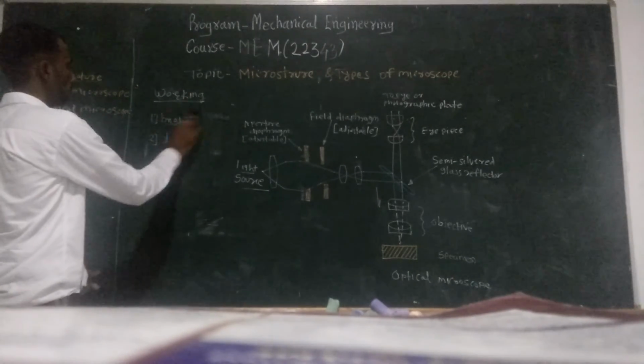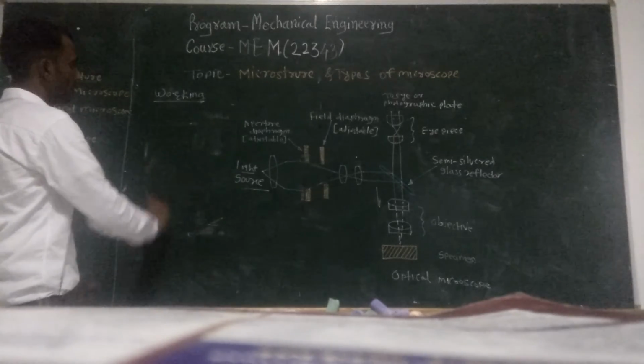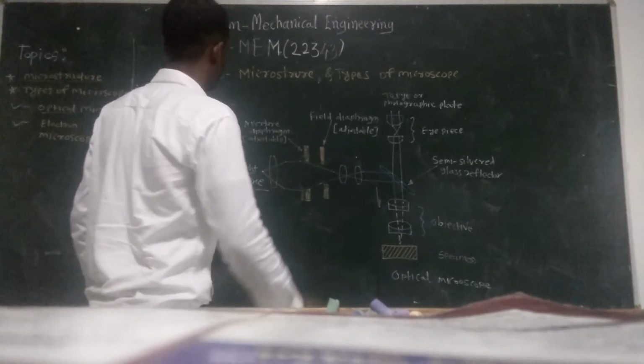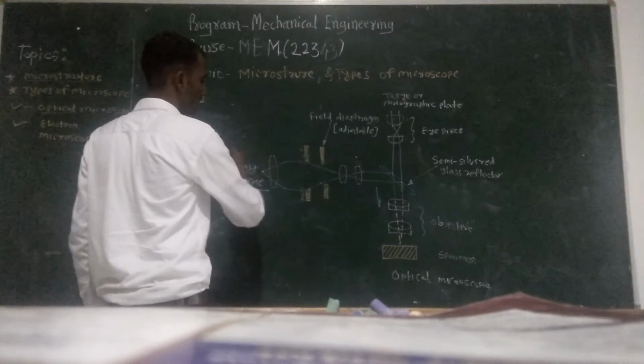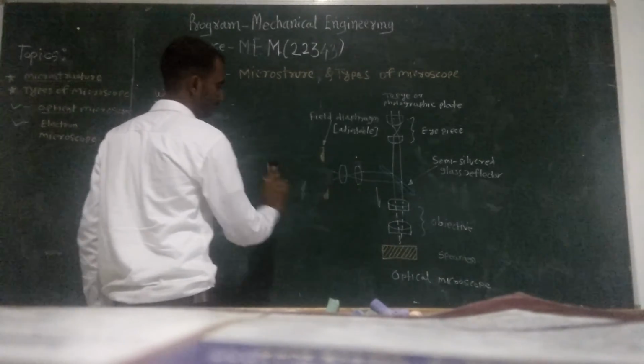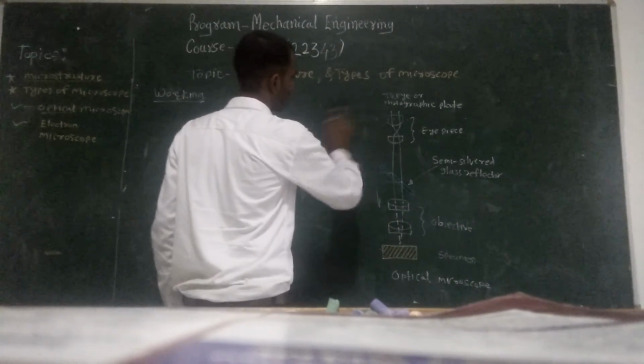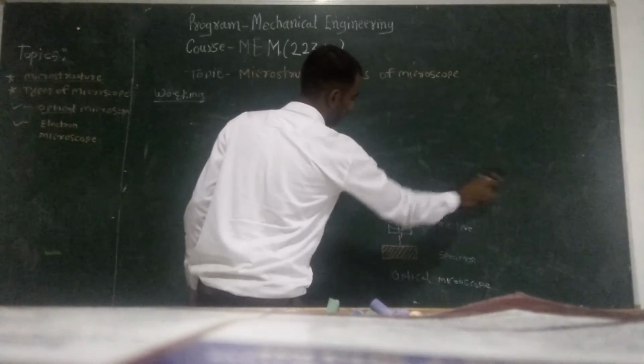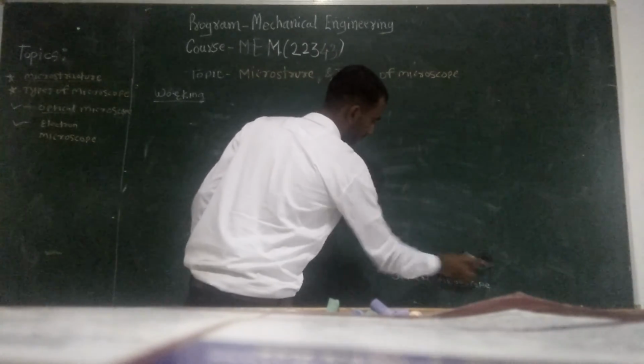Now, we are going to discuss the second type of microscope, that is the electron microscope.